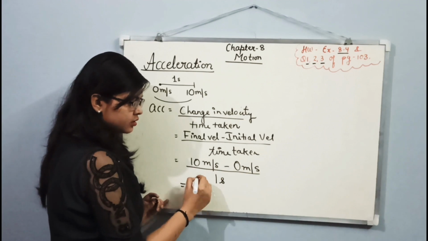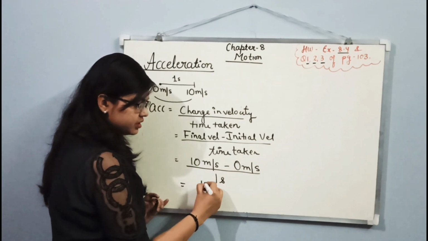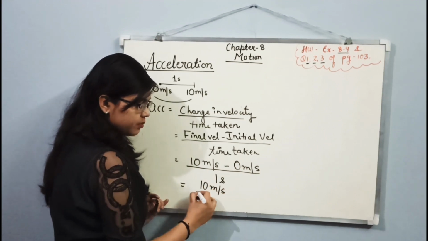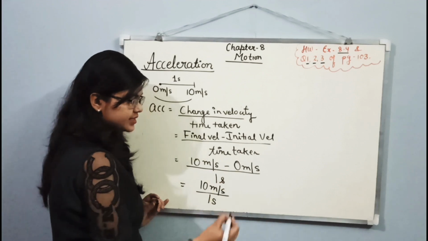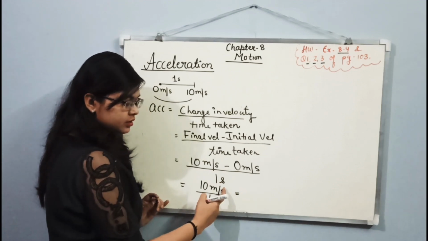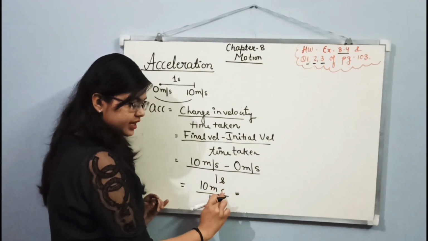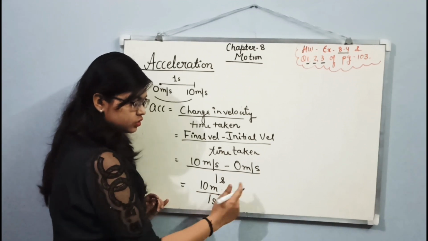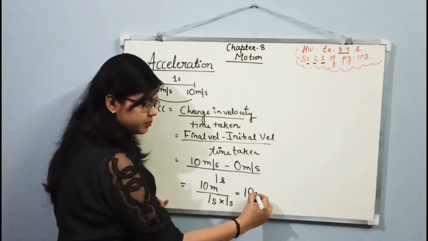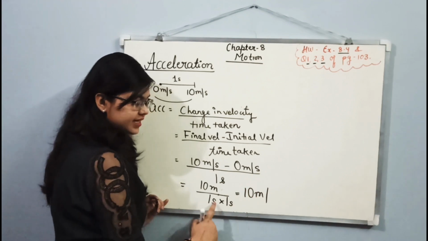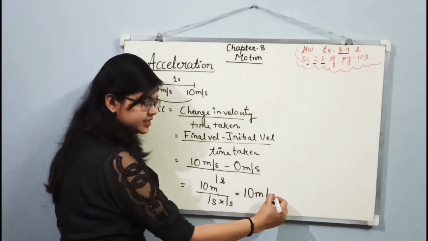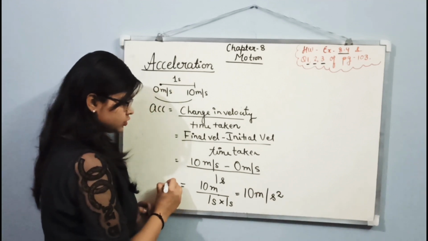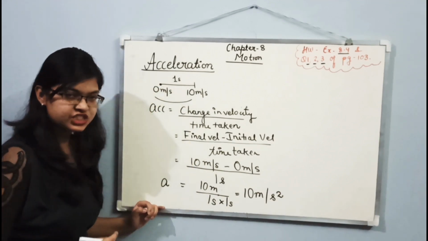So 10 minus 0 will give you 10 meter per second upon 1 second. So this upon second can be written as 1 over second. So this will be 10 meter, how many seconds are there? 2. So it will be second square. So this is my acceleration.